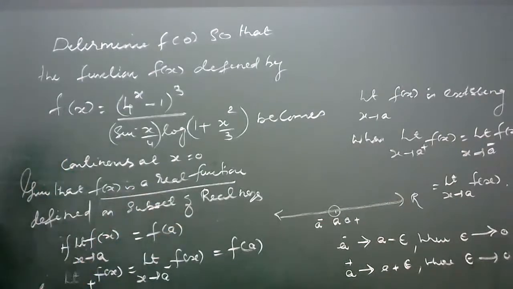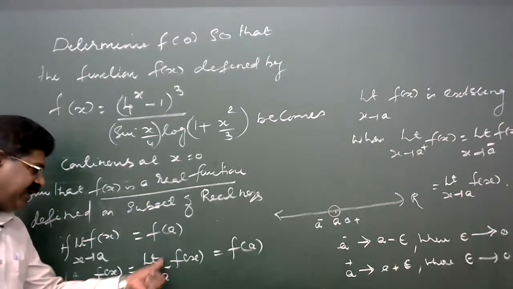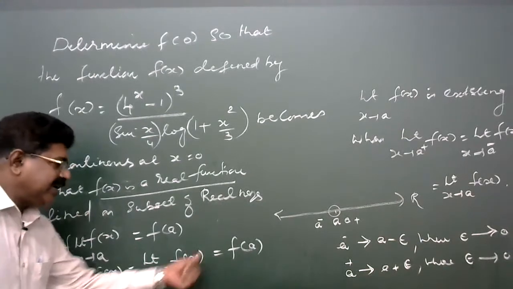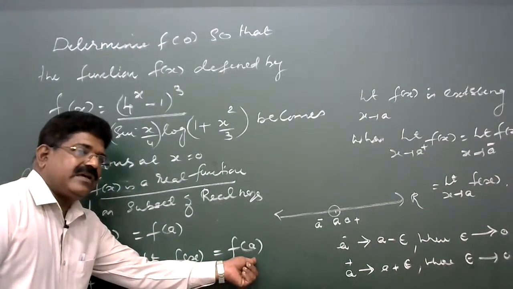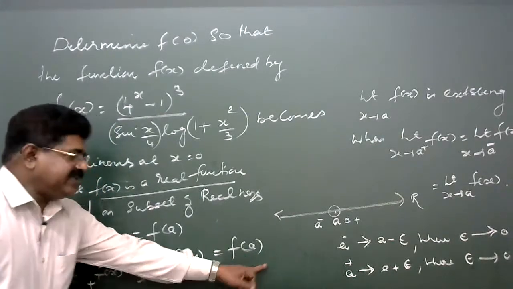When the limit exists, the right limit of the function at this point a is equal to the left limit of the function at the particular point a, f of x is equal to the value of the function at x is equal to a. This is the main concept.